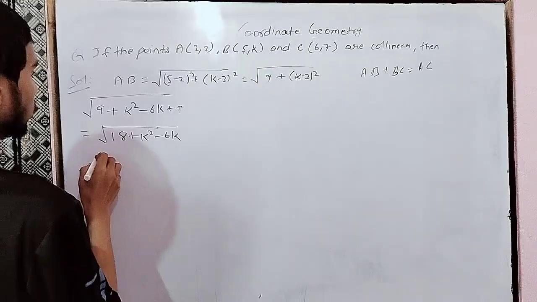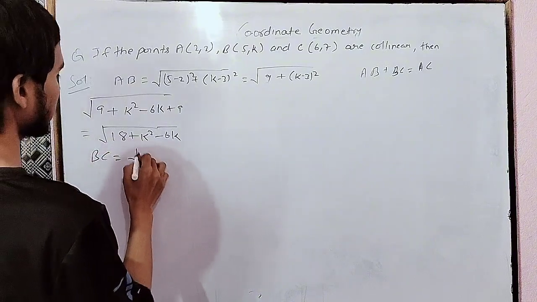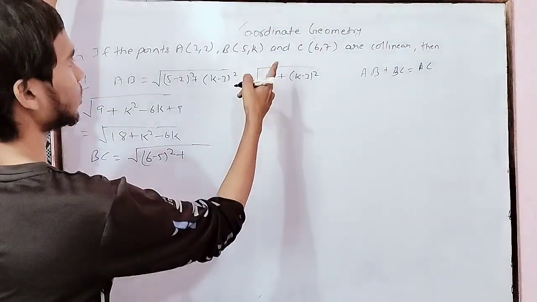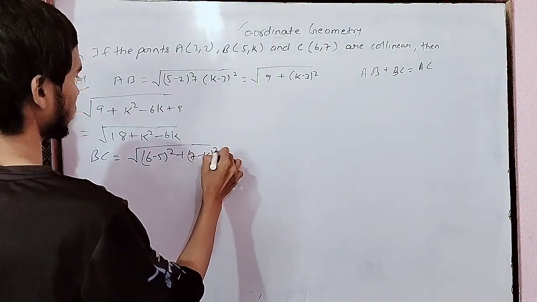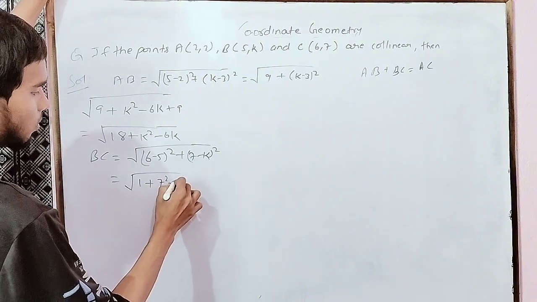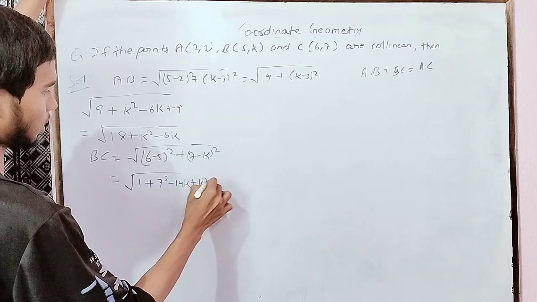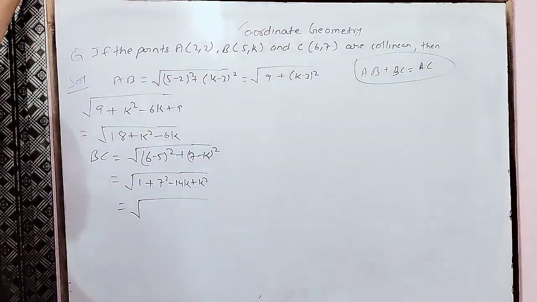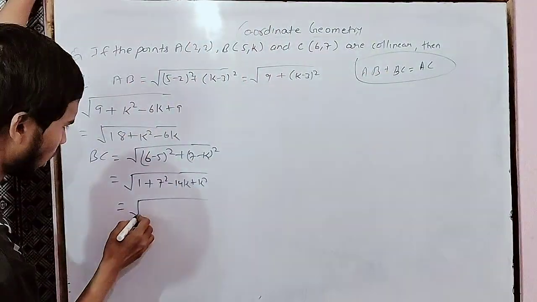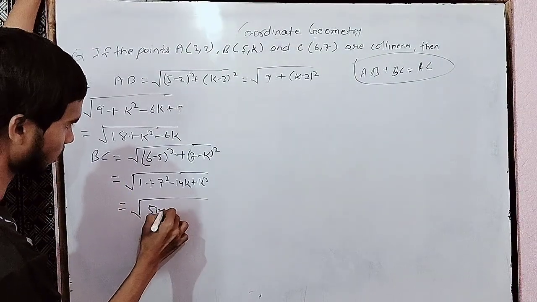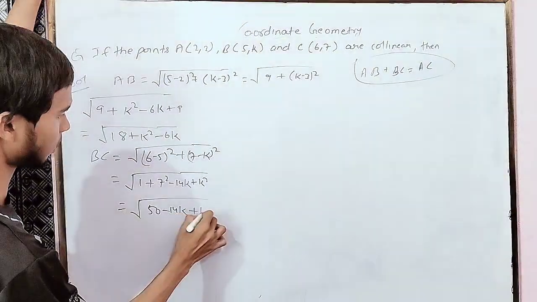This is AB squared. Now BC: 6 minus 5, and then 7 minus k. So it will become 1 plus 7 squared, 49, minus 14k plus k square. So 50 minus 14k plus k square.